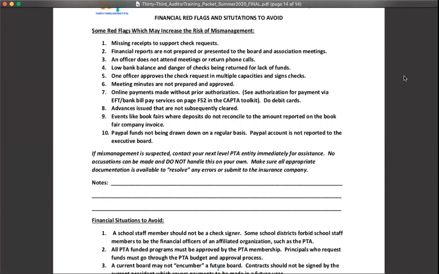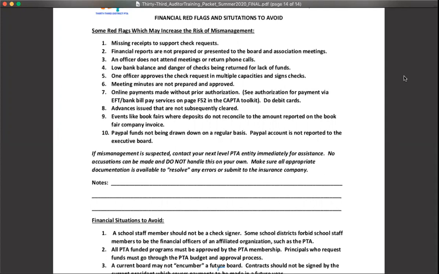And so advances need to be cleared by an advance clearance form with receipts attached. Let's say you got an advance of $500 and they're submitting like $400 worth of receipts. They will need to reimburse the PTA for the $100 that was not spent on behalf of the PTA.